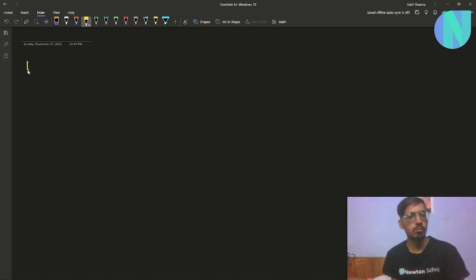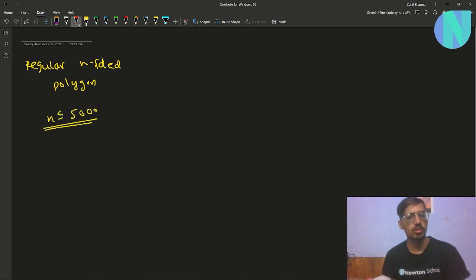So in the problem, we have been given a regular and studded polygon where n can be up to 5,000. So let's say we have a pentagon, something like this. We have 5 pegs around a circle.